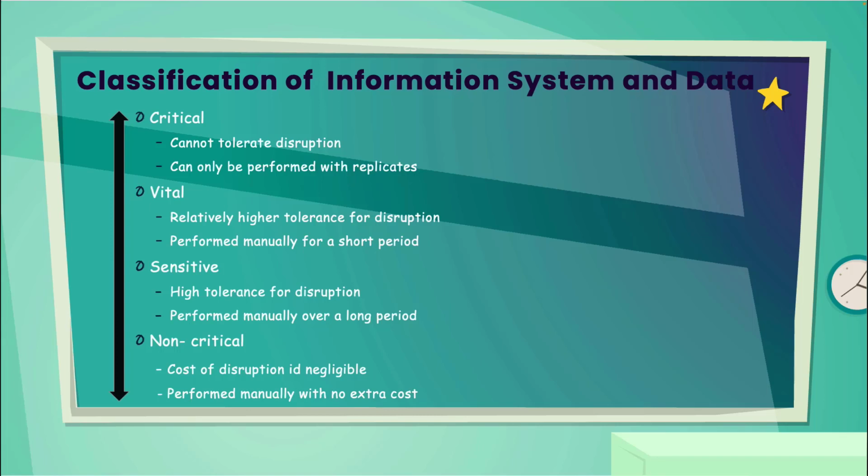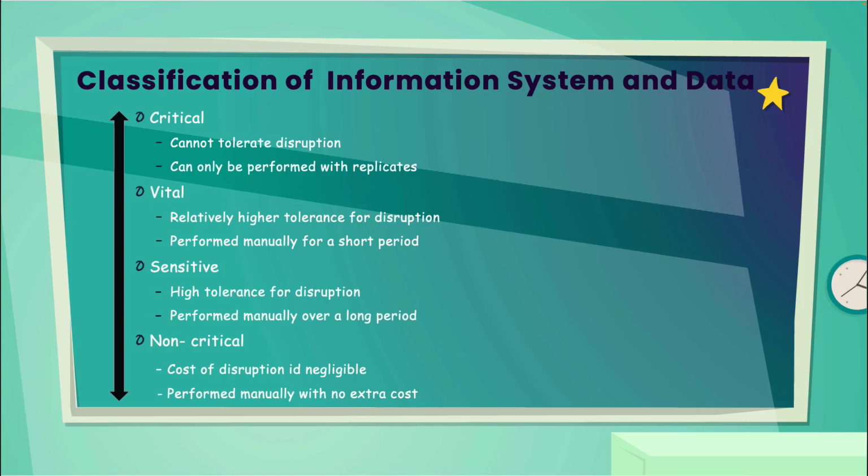So critical means that these systems cannot tolerate disruption, and thus the cost of their disruption would be high. They can only be performed with the replacement of identical capabilities and may not be performed manually. So you need the system. You need to replace the system in case there is a downtime. And these systems cannot tolerate disruption because it will affect the business severely.